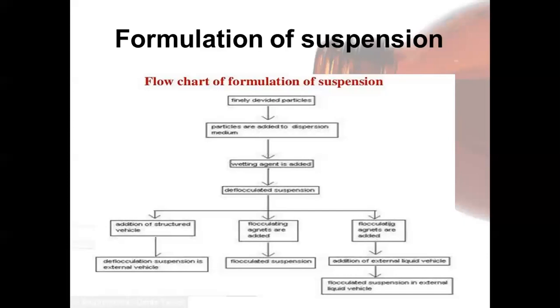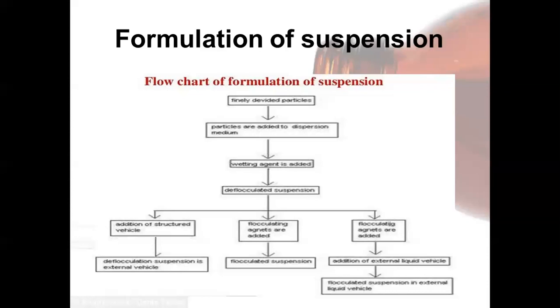Suspensions intended for oral use contain high amounts of suspending agents, usually non-ionic type. Because of the presence of high amounts of solid, suspensions intended for parenteral use contain suspending agents in the concentration of about 0.5% weight by volume.